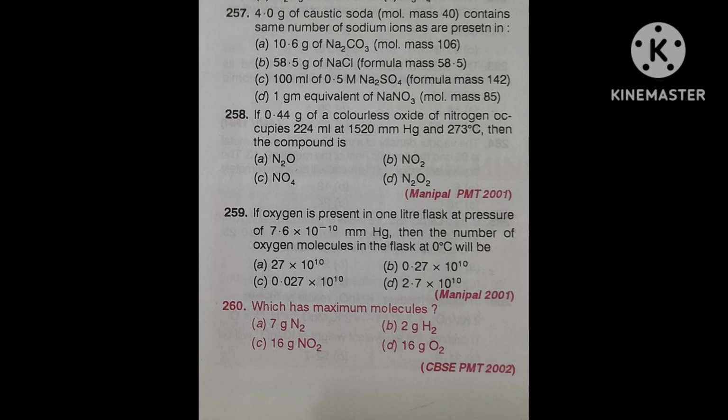Hence the correct option is the third option, 0.027 into 10 to the power 10. In an indirect way you got the answer. It is not matching directly with what you calculated, but after writing the value in this form, it matches.